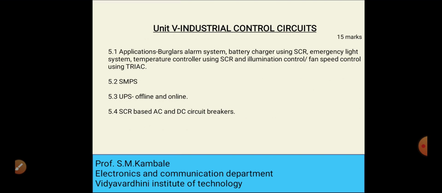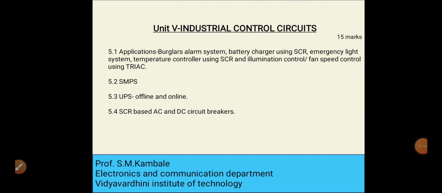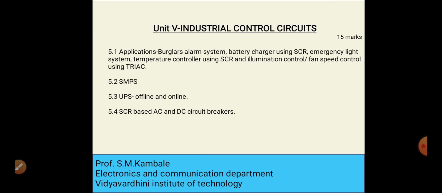Here we can see the various applications. First is the burglar alarm system. We can use it in the case where a robbery occurs in the bank or a thief is coming into the home, then the burglar alarm should be on, which will be operated by using some power electronic devices.